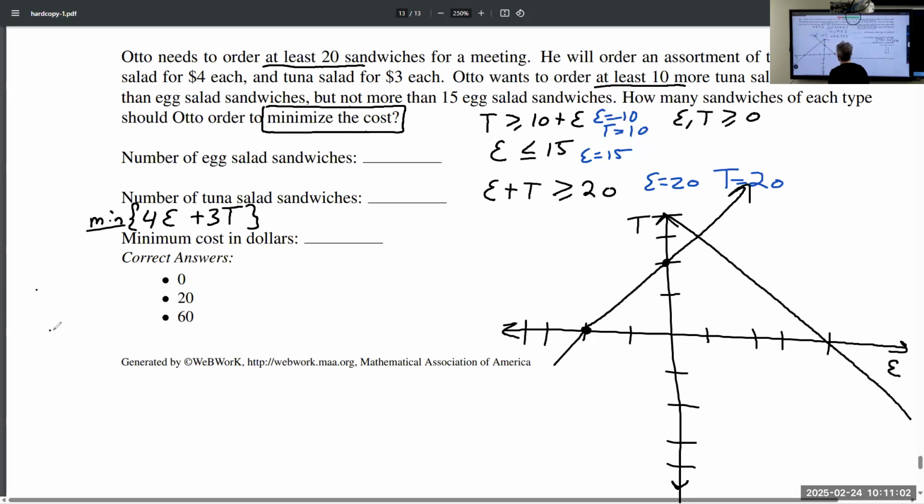And we have E equals 15 being over here. Okay, so where are we? I think I didn't draw the graph that.